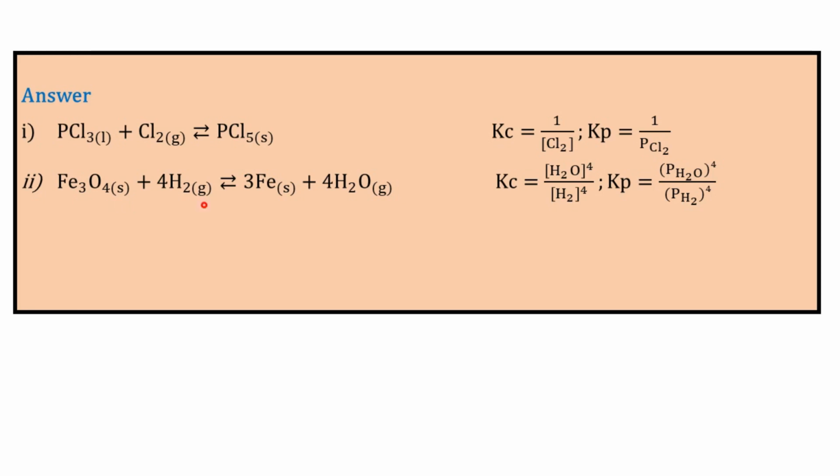Then in the equilibrium expression we will consider only the water molecule and this one. For Kc we are going to use the concentration, and for Kp we are going to use the partial pressure. So that is the expression that they were asking.